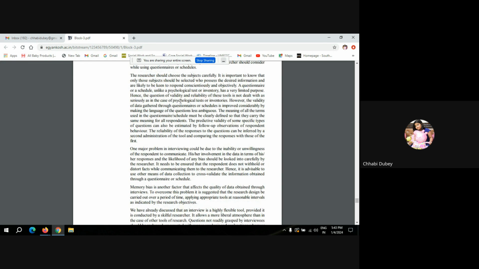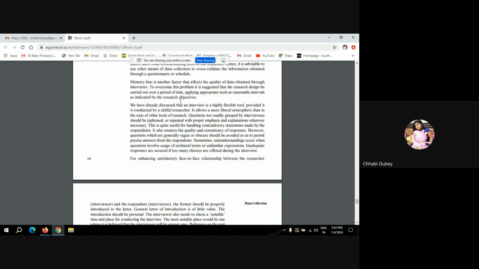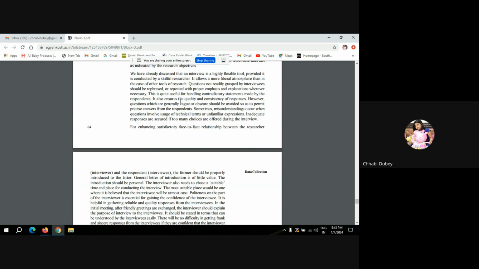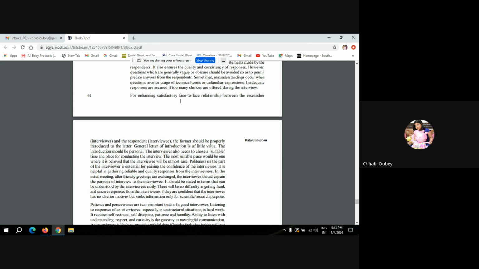Now, there are certain problems in all the tools which we have used. None of the tools that we use for data collection are free of limitations.